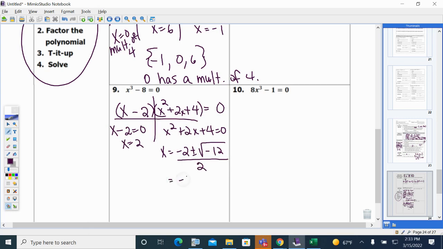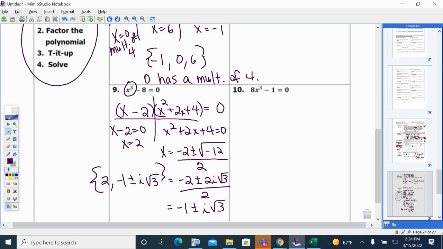So simplifying this, I get 2i radical 3 all over 2, which again is going to reduce one more step. So all 3 solutions here are going to be 2 and negative 1 plus or minus i radical 3. So there's my 3 solutions on that one.